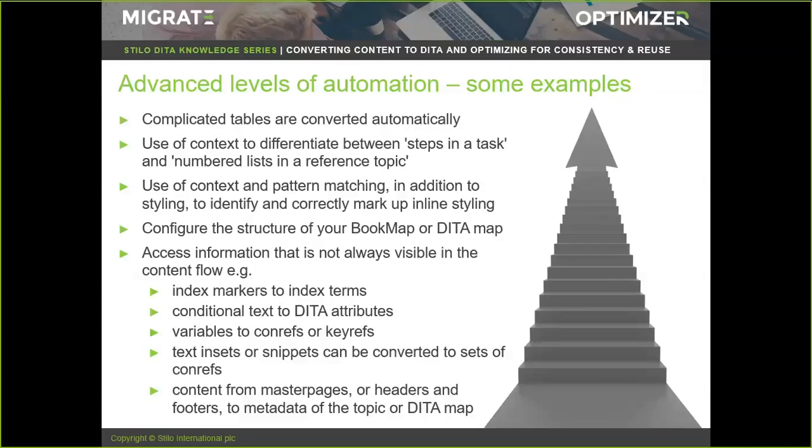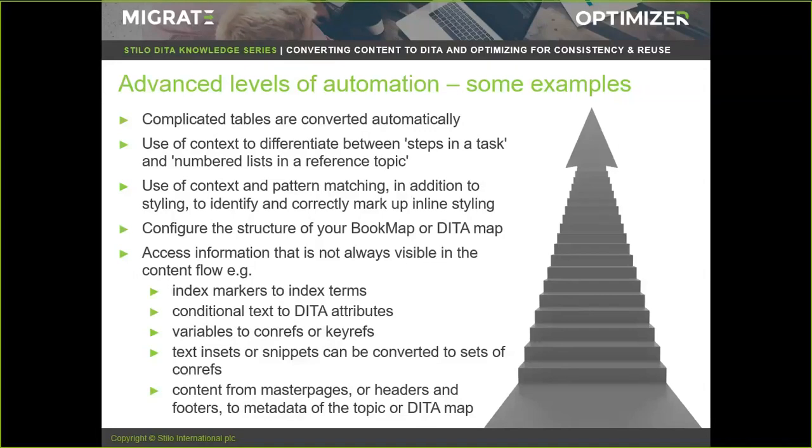So we can look for that. We can also look to see if the word preceding that is click or select. This will be a very good hint to us that this is a UI control. We can check to see if the word following is window, and then we'll know that it's a window title. So we have a number of things that we can use in that way to help us get these inline elements correct as well.